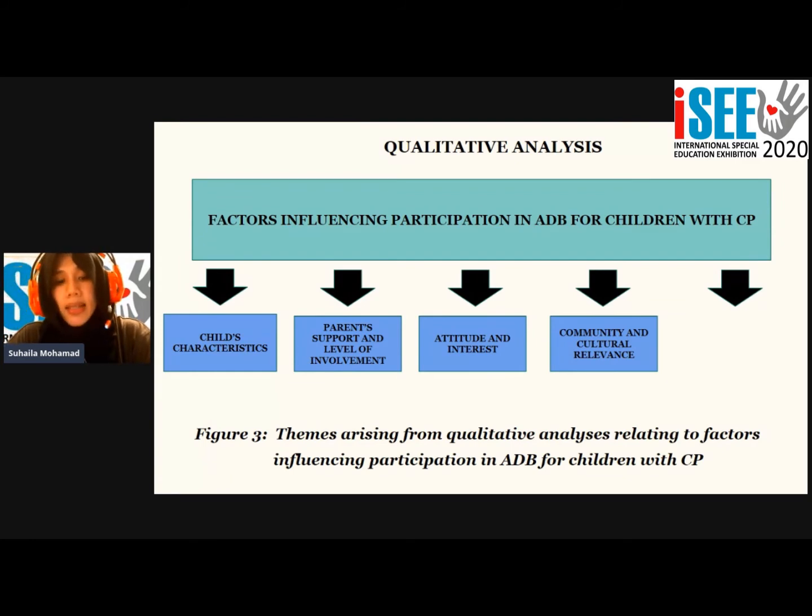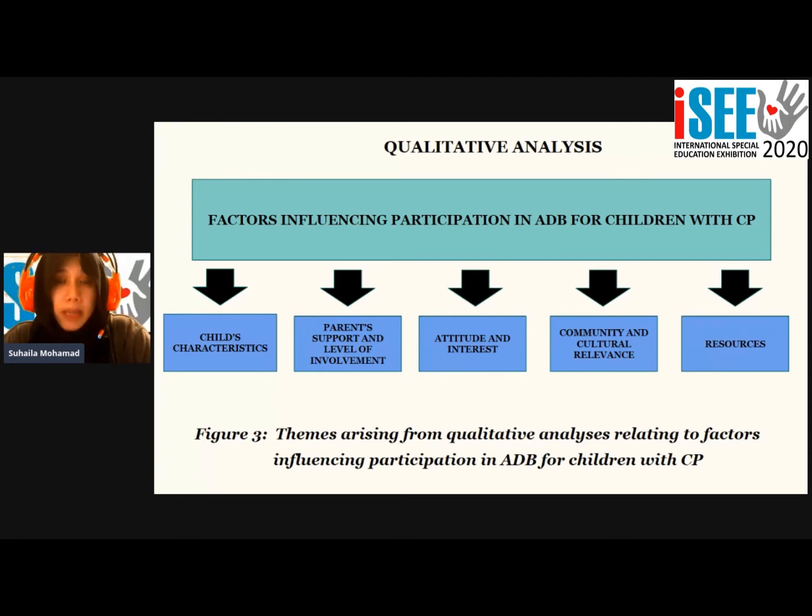And the last theme arising from this analysis relating to factors influencing participation in ADB for children with CP is resources. Availability of family resources was also identified as a factor influencing participation, where time and financial limitations for families were commonly identified.